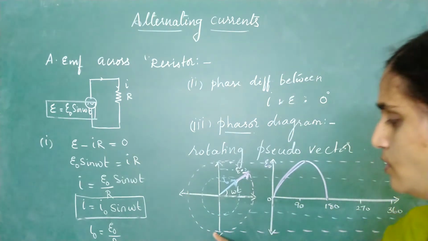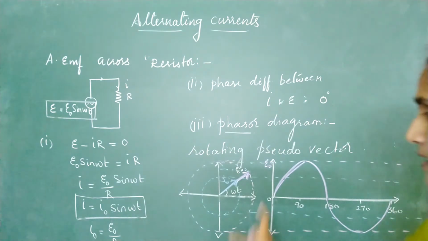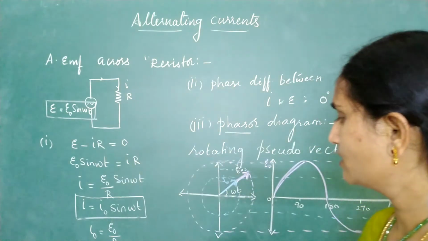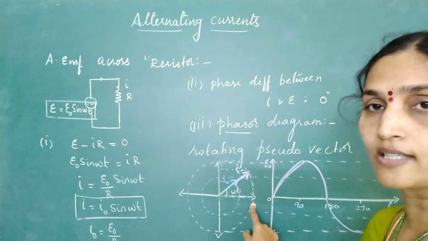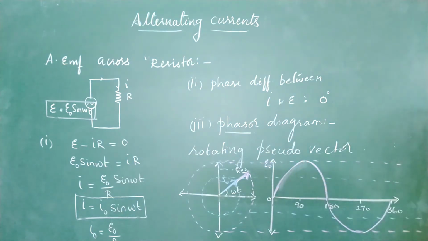So from 180 to 270, increases in the opposite direction. 270 to 360, it has completed one rotation. So by rotating the EMF vector by one rotation, that is 360 degrees, how is EMF varying with time? It is following a sine curve. 0 to maximum, maximum to 0, opposite direction and 0.